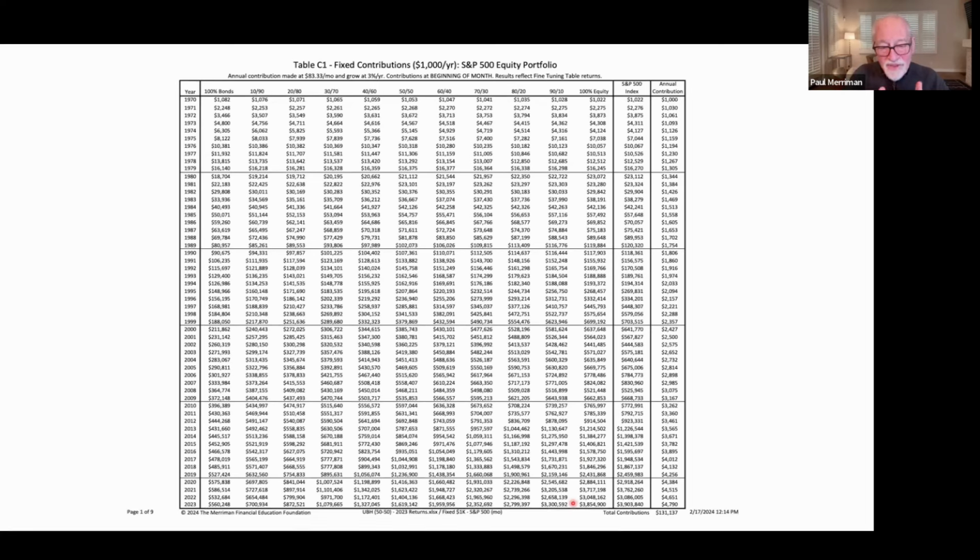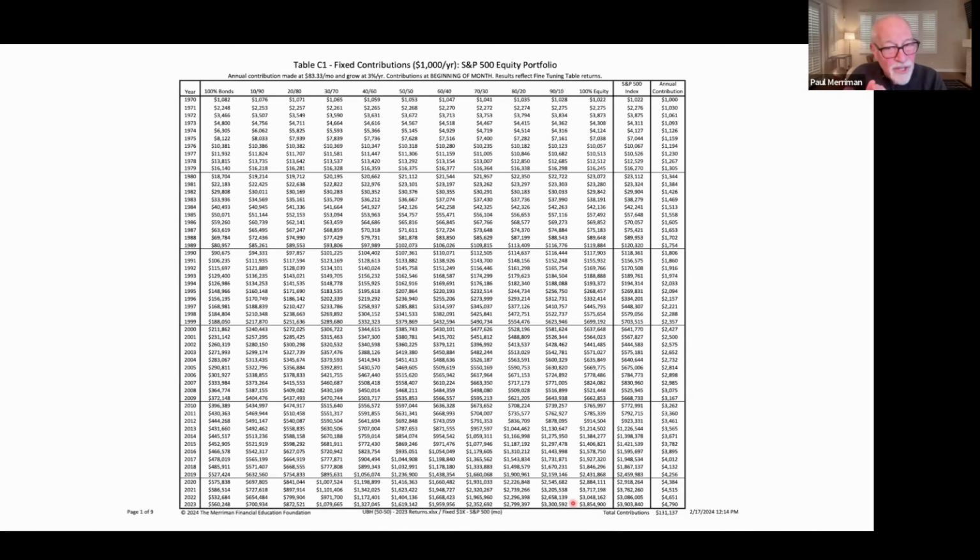And boy, did people feel good. Now they had, for every $1,000 with the 3% adjustment, now if they put away $5,000 to begin with, they're up to about $20 million at the end of this period of time. Now, that's unfair because not many people are going to stay all equities all the time.